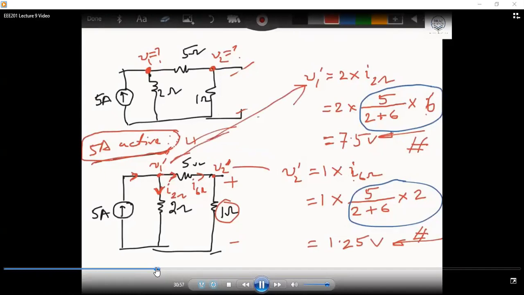Now, next in the superposition theorem, the other source is active and this source will be deactivated. Let's go to the next page. The circuit you have to draw has the other source active and this source deactivated. Deactivating means the 5 ampere source you have to take off and the other source should be kept.